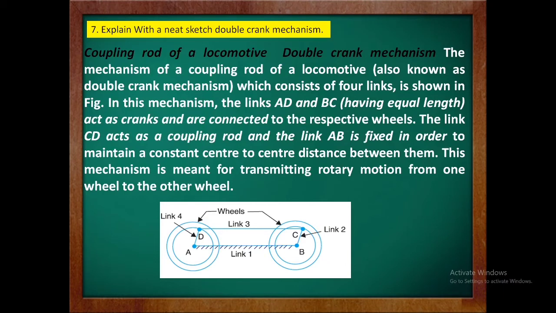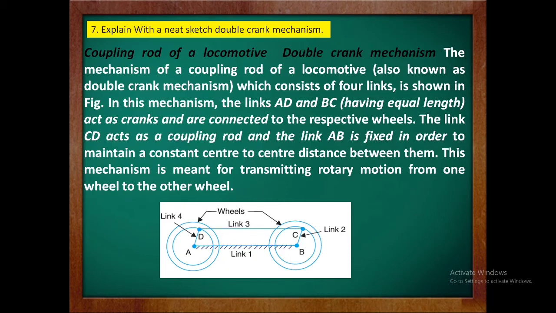The mechanism of a coupling rod of locomotive consists of 4 links as shown in the figure. In this mechanism, the links AD and BC are equal in length. They act as cranks and are connected to the respective wheels.